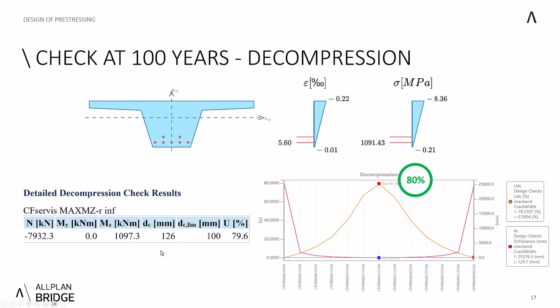After we increase the pre-stressing force, we obtain the distance in question equal to 126 millimeters and the utilization in terms of the decompression less than 80%. The condition is satisfactory. What about other code checks at infinite time?